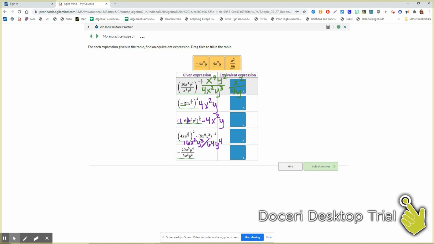Cleaning that up, I end up with x squared on top and 4y on the bottom. And then this last one here, I'm going to have a negative out front. 20 divided by 5 is 4 on top. My x's are bigger by 2 on top. My y's are bigger by 1 on top.